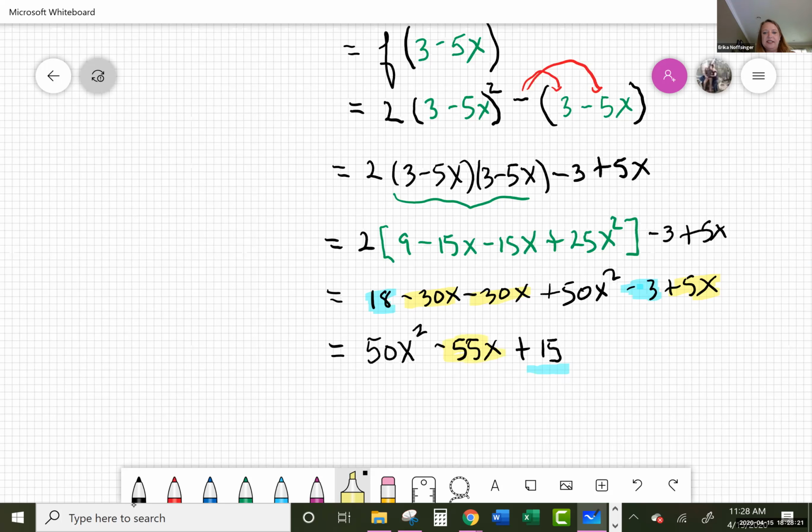Okay, so we're done. It's not asking me again to factor this. It's not asking me to solve for x. It was just asking me to take the composition of the two functions.